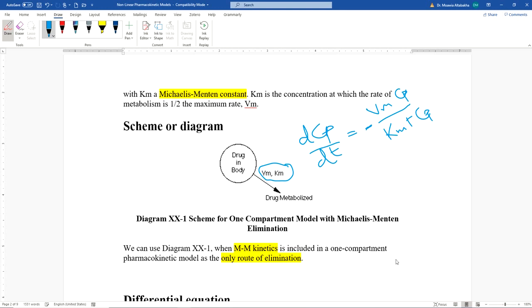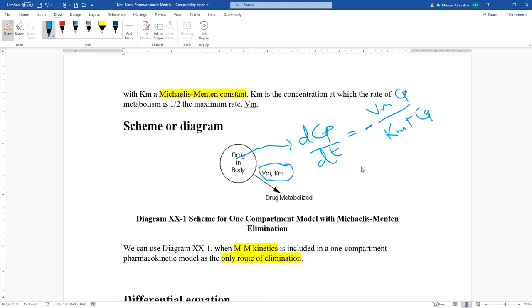This is how the concentration will change. And this is negative. Why? Because with time the drug goes out, so the change will be negative.